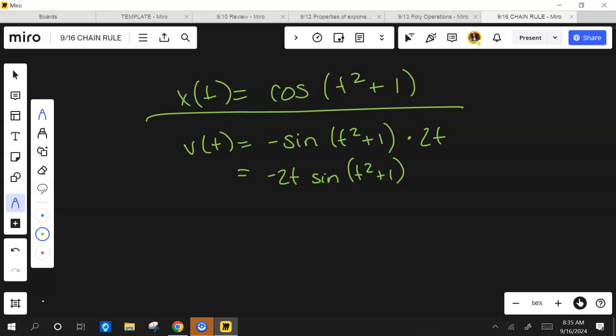While I'm here, though, before I do acceleration, what if I asked you for displacement over the first 5 seconds? We're not going to actually do it, because several of you missed this. Displacement means how far off from where I started I ended up, right?